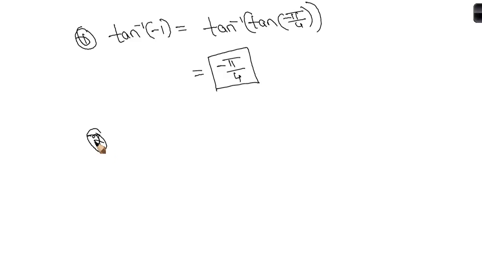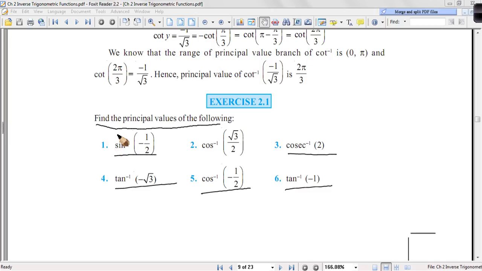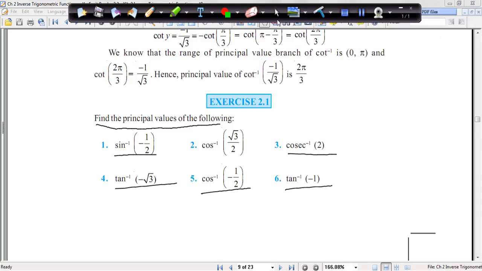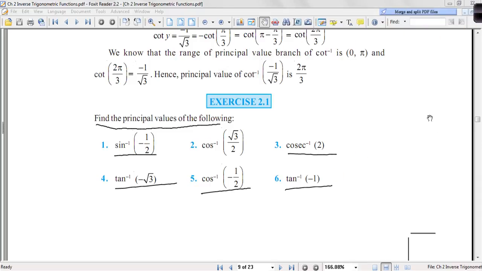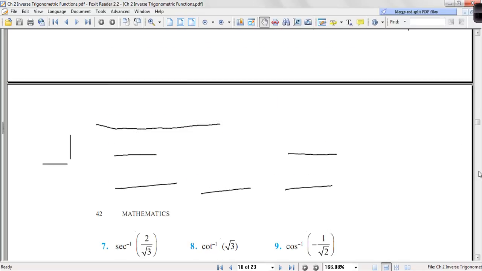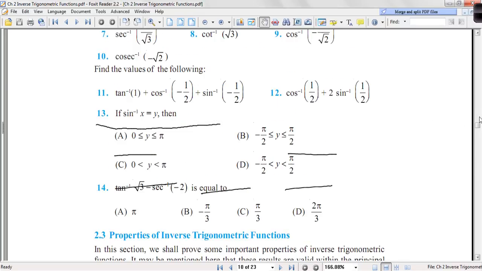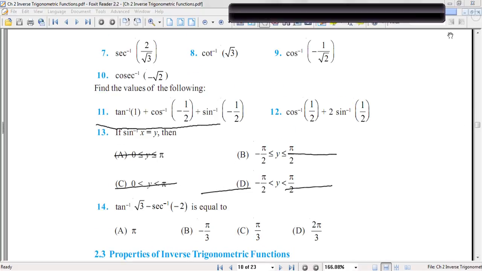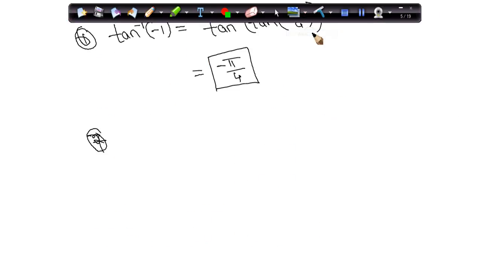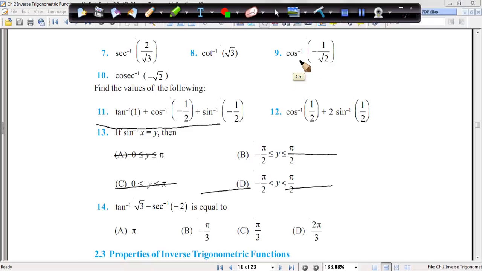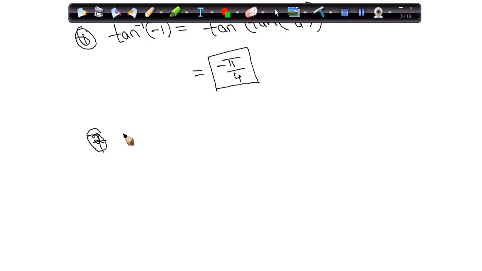Next is the seventh question. Seventh question is secant inverse of 2 by root 3.